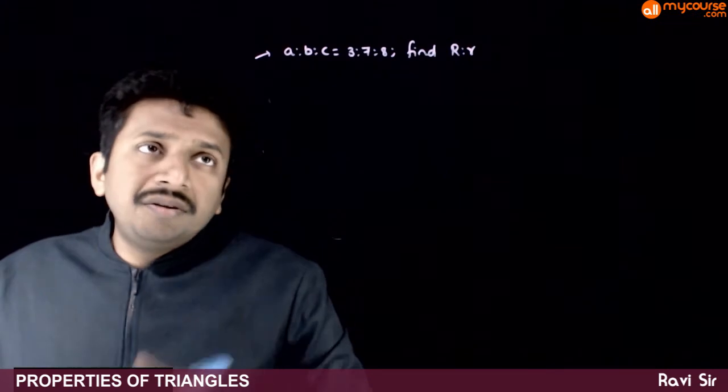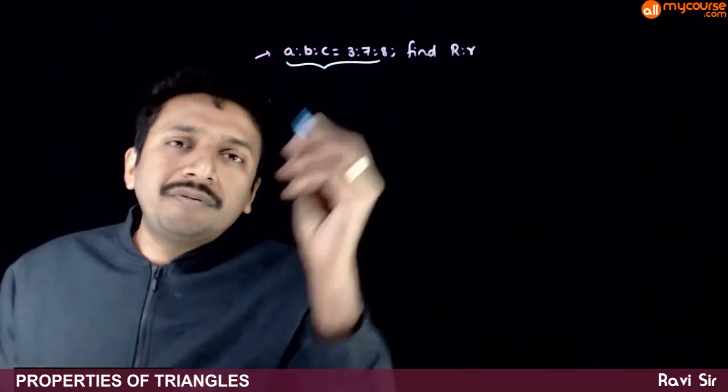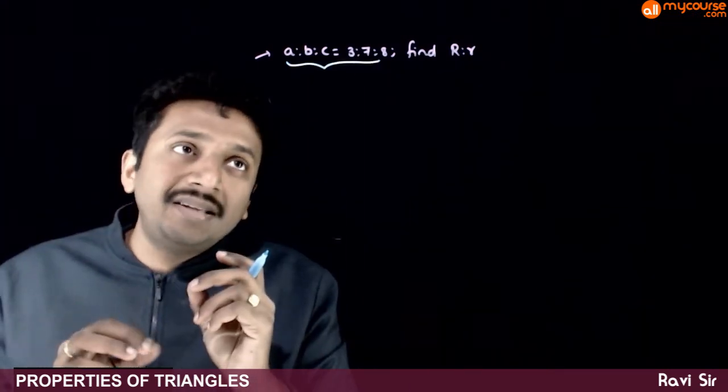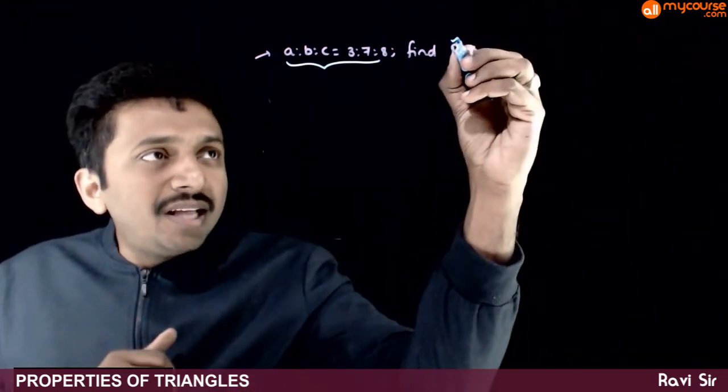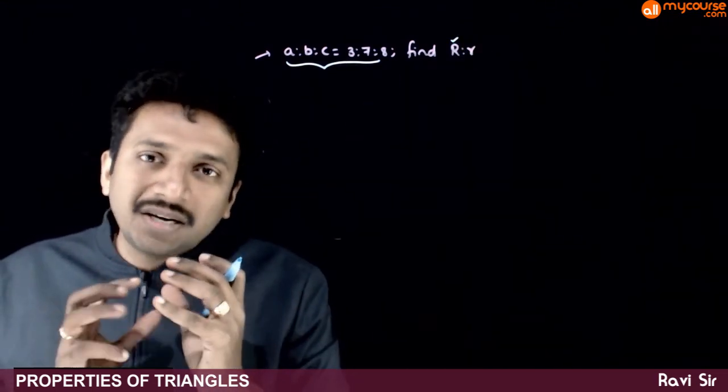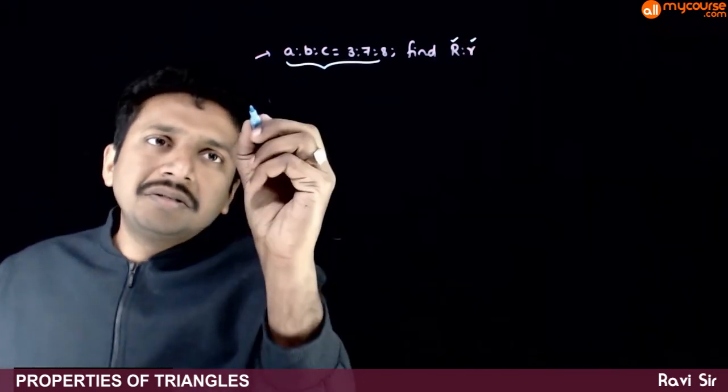So in this question, you're given that the ratio of the sides of a triangle is 3:7:8. You're asked to find the ratio of circumradius to inradius. So how do we do this?